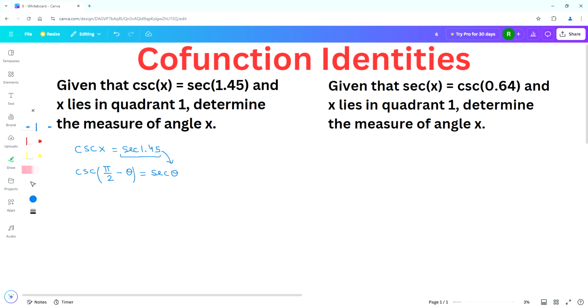So if we sub in theta as 1.45, the identity becomes, this means secant 1.45 is equal to cosecant pi over 2 minus 1.45. So in our given equation, we will replace secant 1.45 with cosecant pi over 2 minus 1.45.